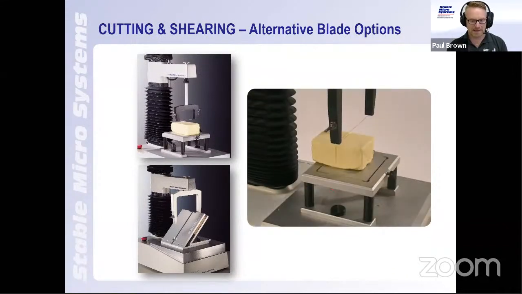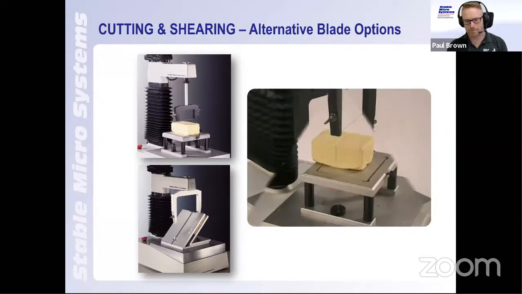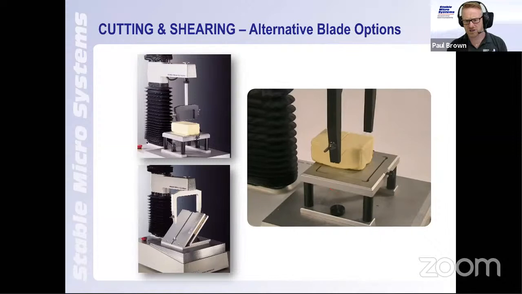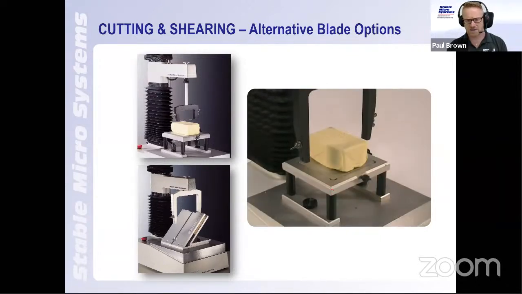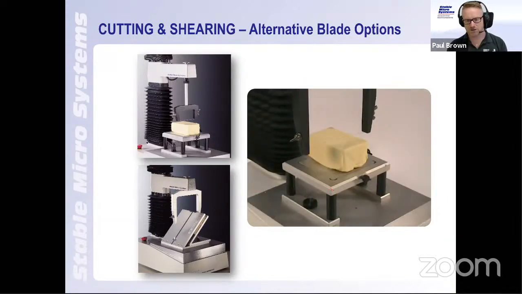Not so much a blade, but comes under the shearing capability is a wire. This is commonly used for cheeses or butter type cutting, where something is relatively soft to be able to shear. You can use a wire. The wire is a certain tension.